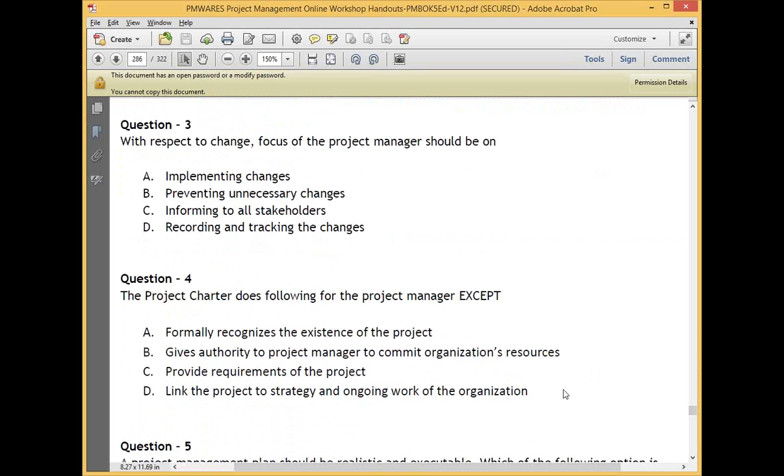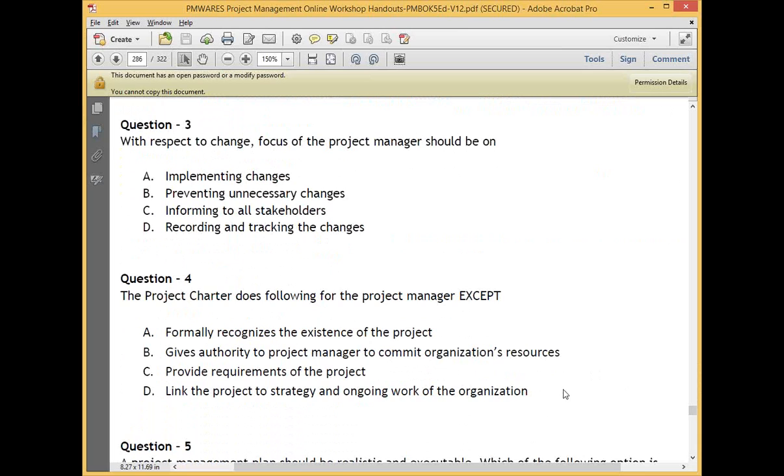With respect to change, the focus of the project manager should be on C, informing all stakeholders, and B, preventing unnecessary change. One thing we can learn here is that by informing, nothing changes. As we understood in the morning, the project manager is a proactive person, he takes action.